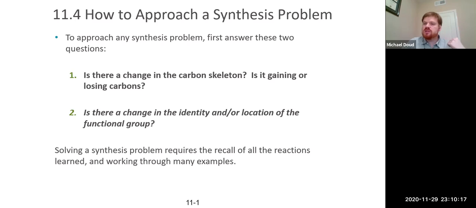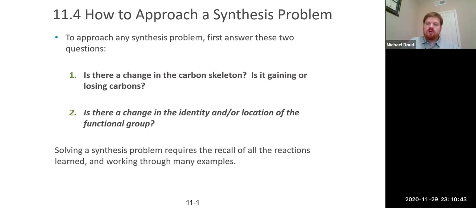Is it losing carbons? If there is, then you are kind of on the right track. You're going to know one or more of the reactions that need to take place. And then number two, ask yourself, is there a change in the identity and/or location of the functional group? So that functional group could be a pi bond, could be a bromine, could be whatever it happens to be.